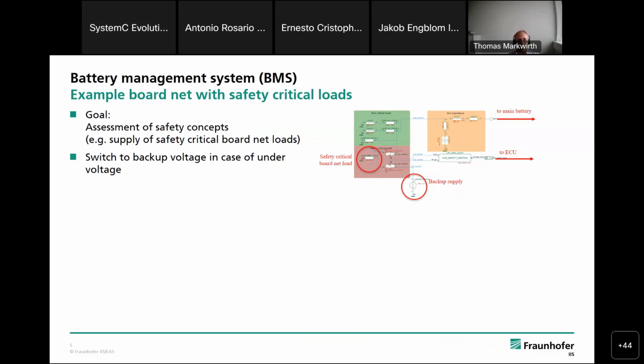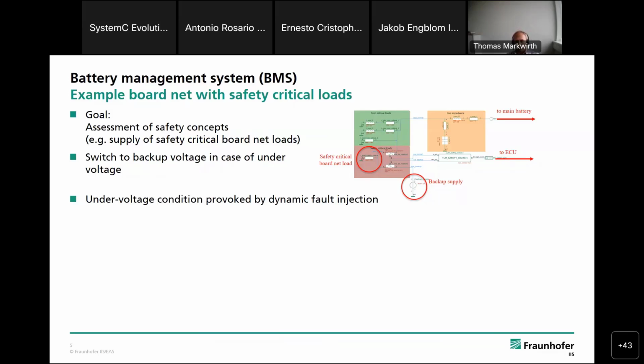We should also check the assessment of the safety concept. That safety concept should be a continuous supply of the safety critical board net loads also under critical conditions. If, for example, an under voltage fault condition occurs, these components should be switched to an available backup voltage supply.